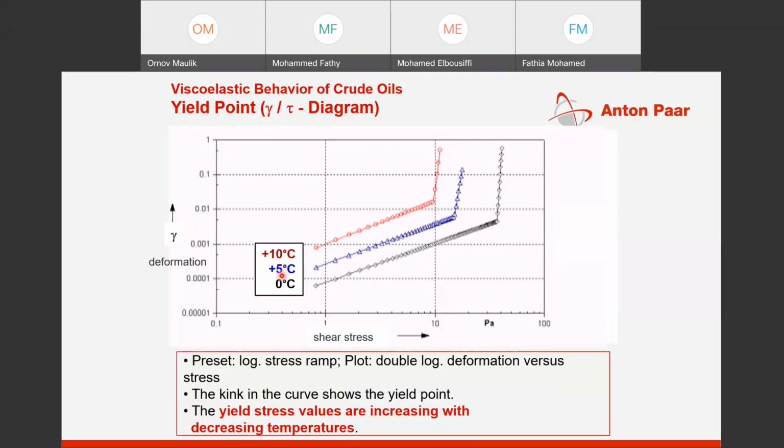Now, if you decrease the temperature to 0 degrees Celsius, you would see that the yield stress is increasing. For 0 degrees Celsius, this elastic region is extended, and then after a certain point, at around 50 pascal, there is a sudden change in the deformation, showing that 50 pascal is the yield stress for this crude oil at 0 degrees Celsius.